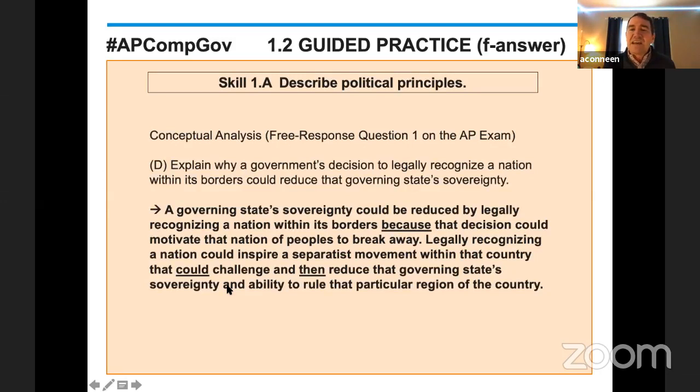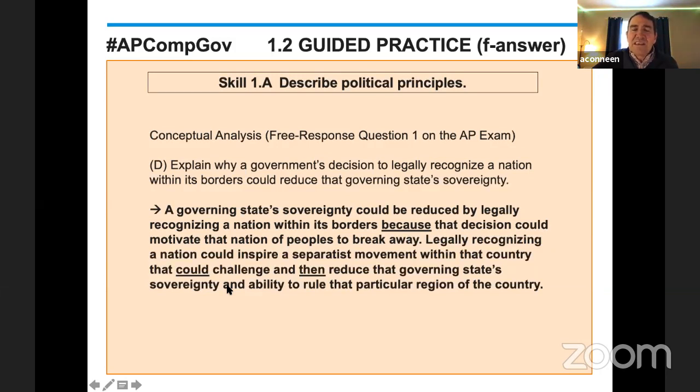A governing state's sovereignty could be reduced by legally recognizing a nation within its borders because that decision could motivate that nation of peoples to break away. Legally recognizing a nation could inspire a separatist movement within that country that could challenge and then reduce that government's state sovereignty and ability to rule that particular region of the country.